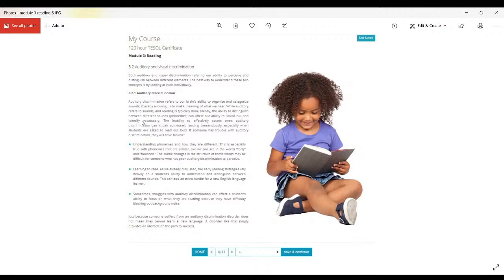While auditory refers to sound and reading is typically done silently, the ability to distinguish between different sounds or phonemes can affect our ability to sound out and identify vocabulary. The inability to effectively access one's auditory discrimination can impair someone's reading tremendously, especially when students are asked to read out loud.